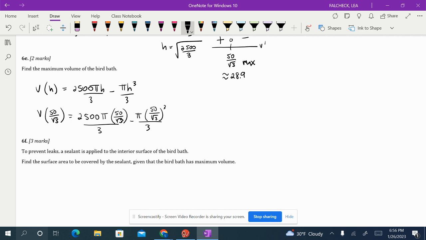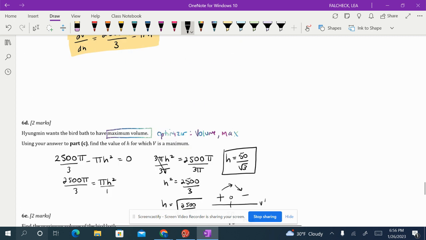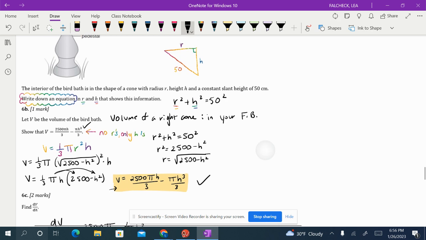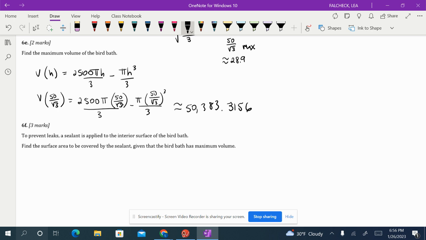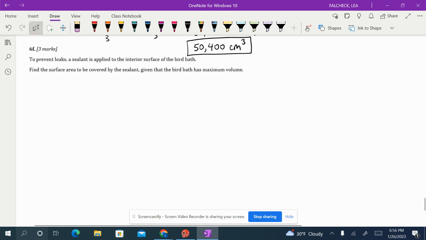Okay, let me do this off to the side. You've got 50,383.3156. What was it? Centimeters? What were the units here? Centimeters. All right, so we've got rounding. 50,400 cubic centimeters is going to be the maximum volume of the bird bath.